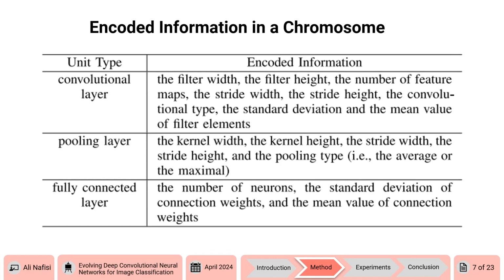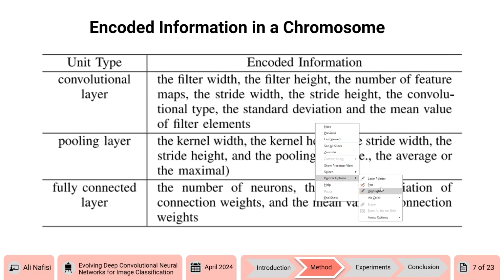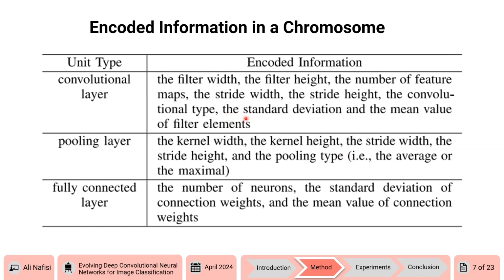How this paper handled this problem is that it included the initialization parameters into the encoding of each individual. So you can see here, let me just use the laser. Here you can see that the standard deviation and the mean value, or we can say the sigma and the mu, of each layer is separate from the other layers.